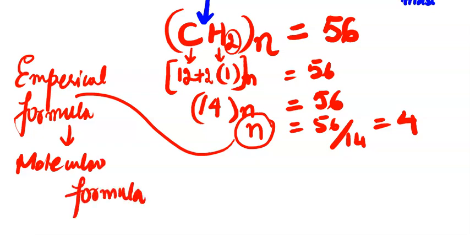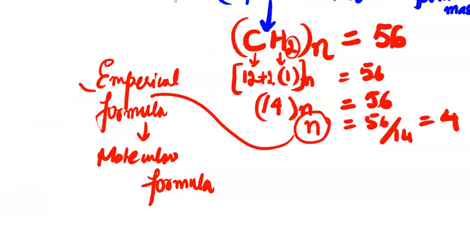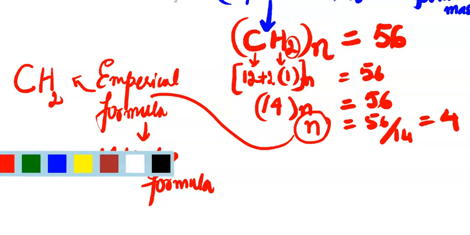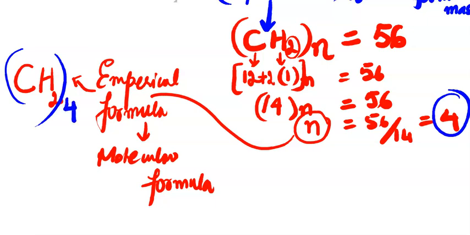So let us see how, right? So you can see what is your empirical formula here. It's CH2, which is given at the start of the question, right? Now we find the N, that is 4, and we put 4 here.